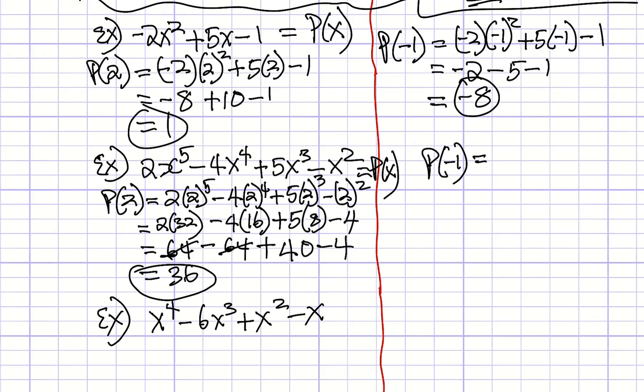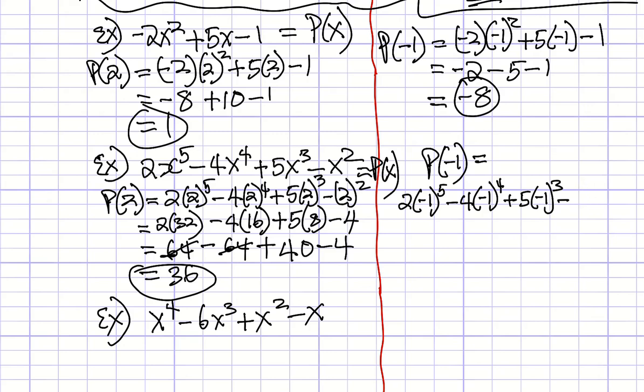That's going to be 2 times negative 1, 5, minus 4, negative 1 raised to the power 4, plus 5, negative 1 raised to the power 3, plus, what is that? Sorry, made a mistake there.